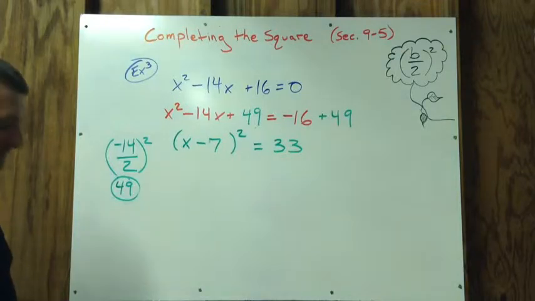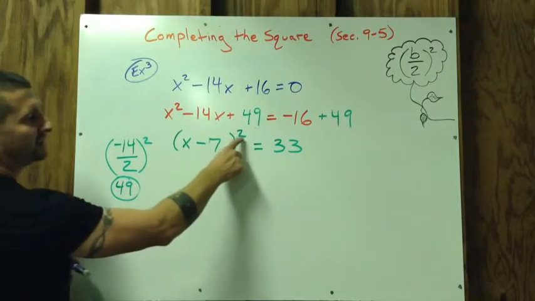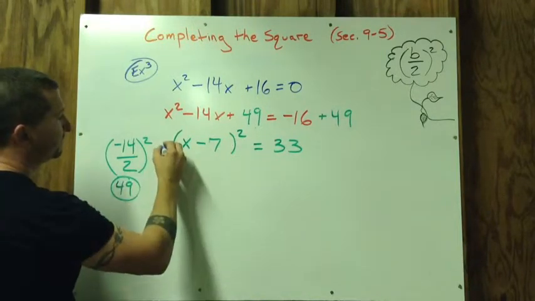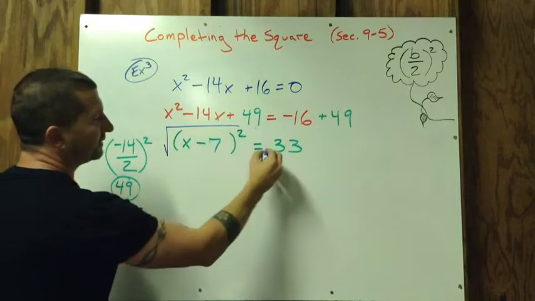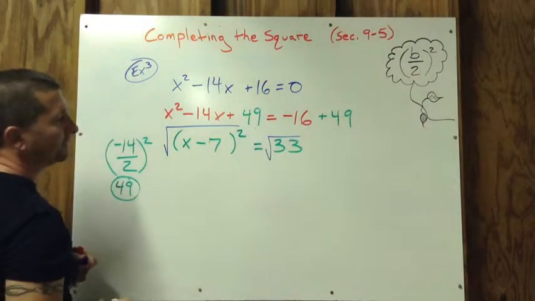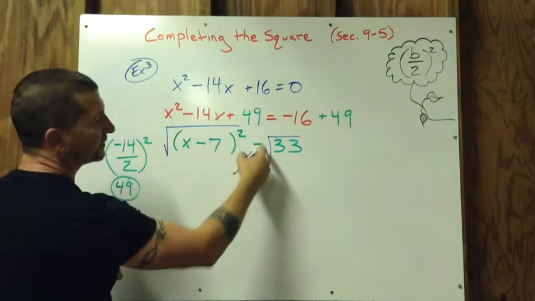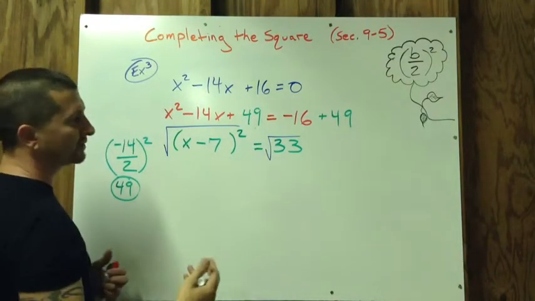Our next step, we need to take the square root of both sides to eliminate our exponent. Take the square root. Take the square root. And remember, our answer is going to be plus or minus the square root of 33.